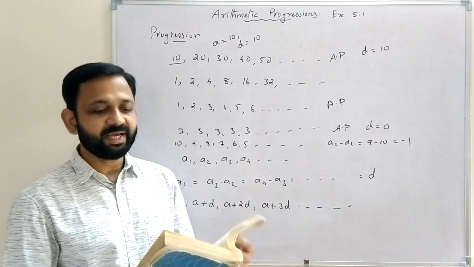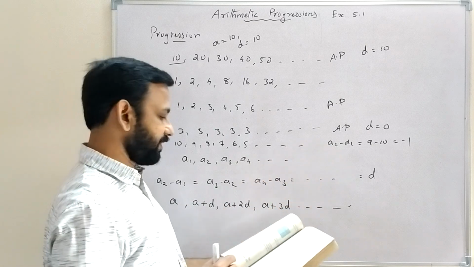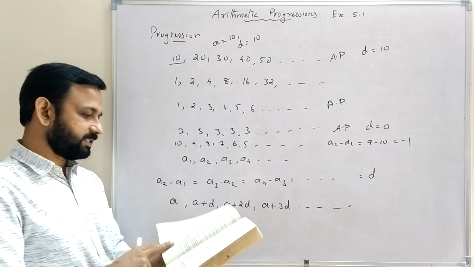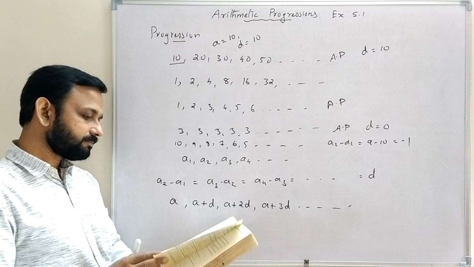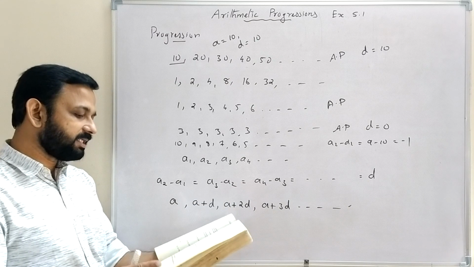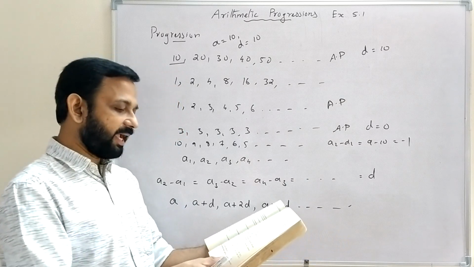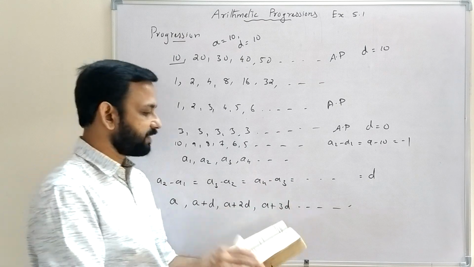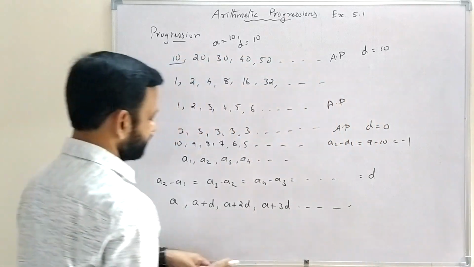Then we will learn the nth term of arithmetic progression. Let the nth term be an of an AP with the first term a and the common difference d. So we will learn that formula, the nth term of arithmetic progression.